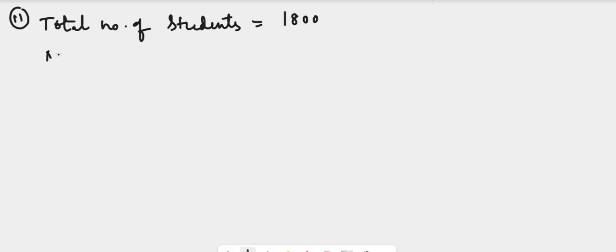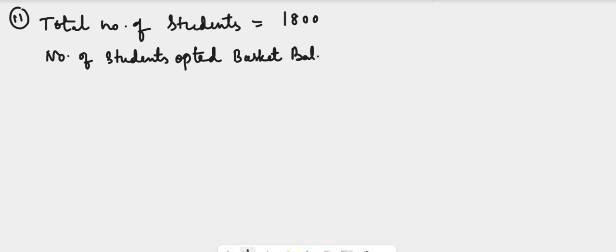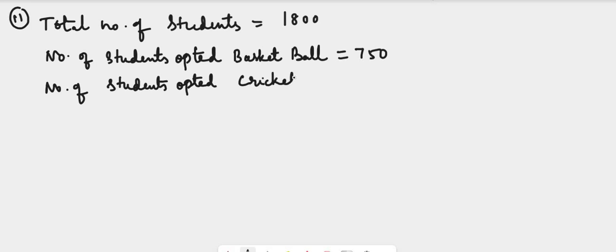Number of students who opted basketball is $750. Number of students opted cricket is equal to 800. Remaining are opted tennis.